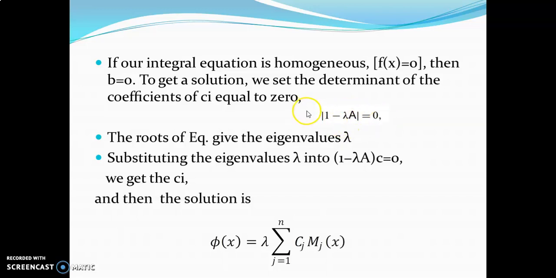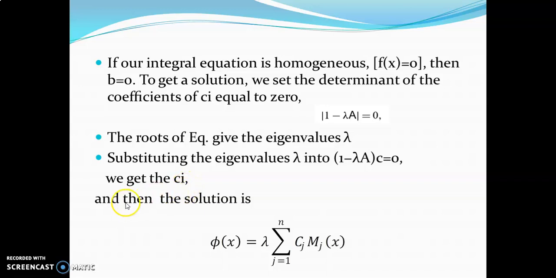So solving this, we will get the values of lambda, which are the eigenvalues of the equation. So substituting the eigenvalues lambda into I minus lambda A into C equal to 0. This is the equation when B equal to 0, I minus lambda A times C equal to 0. We can get the values of ci's.